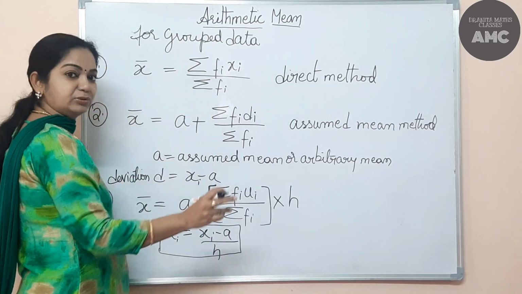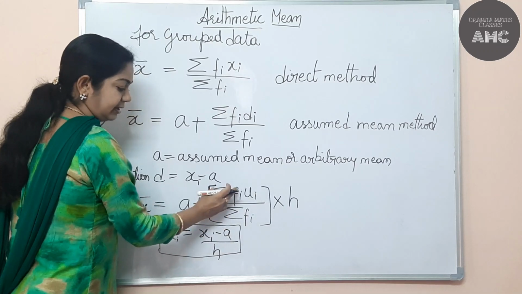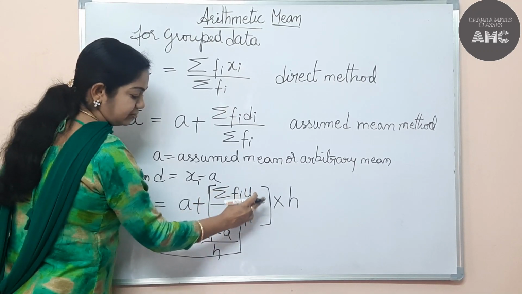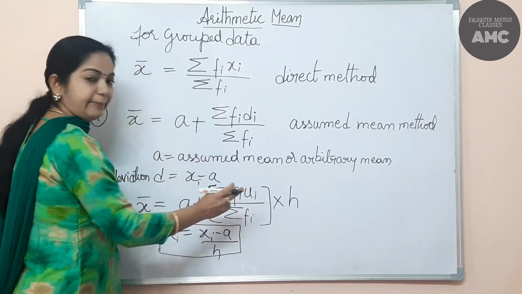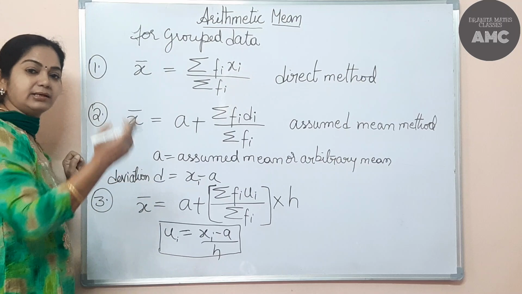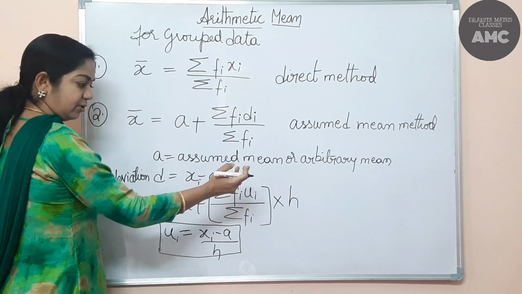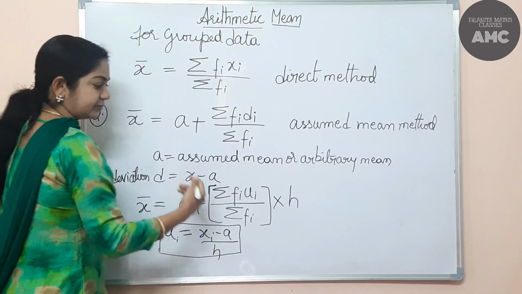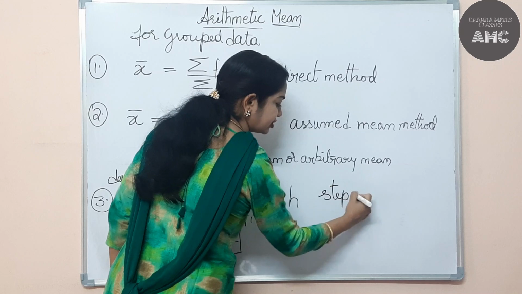After calculating ui, if you make the product with fi and sum it, it comes to the summation of fi ui by sigma fi, that is the total of the frequencies. Also you can write capital N, the sum of the frequencies. And h is the length or the height of the class interval. So this is called the step deviation method.